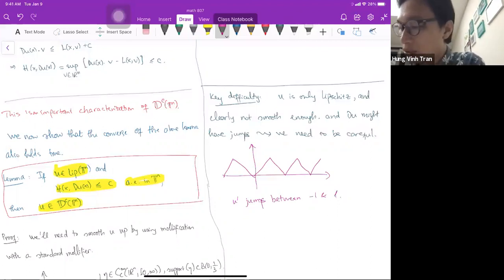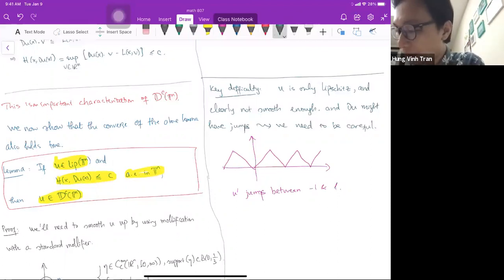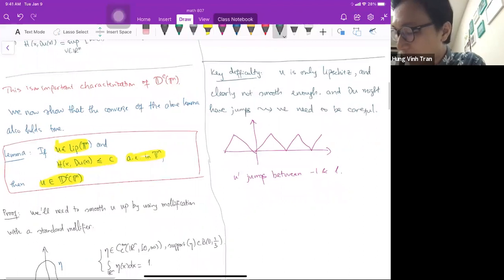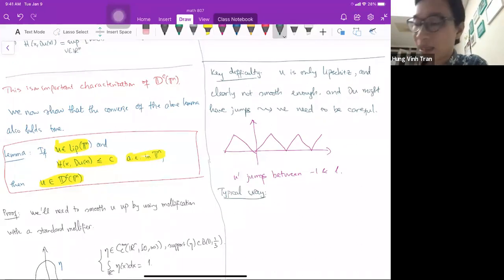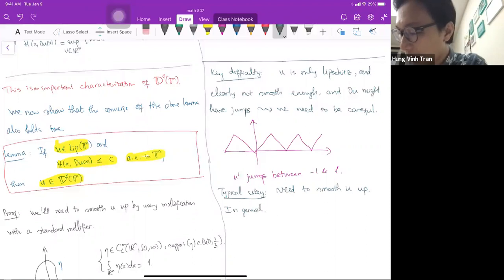So a typical way of dealing with this in terms of analysis is that we need to smooth u up. In general, this is not easy at all.